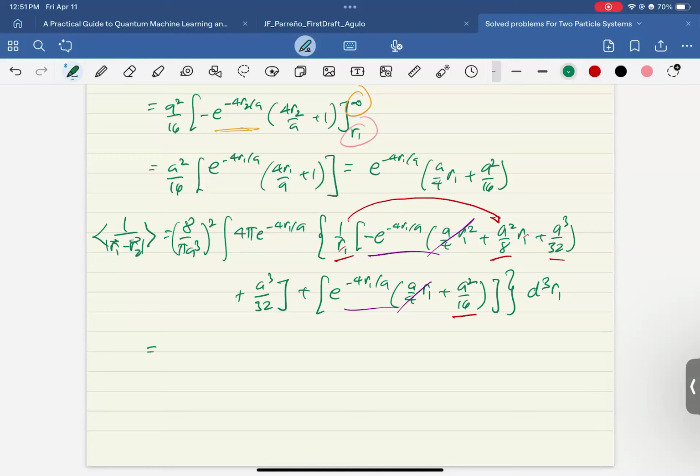So, we have then 8 over pi a cube squared. Okay. Integral ng 4 pi.